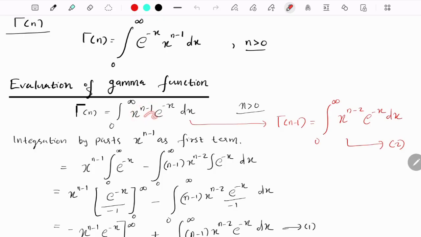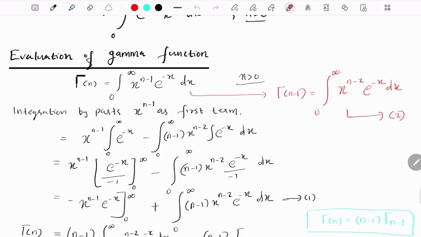And what is the differentiation of this function? This is equal to n minus 1 into x to the power n minus 1 minus 1, that is n minus 1 into x to the power n minus 2. Then into integral of second, that is e to the power minus x divided by minus 1 dx. Okay.